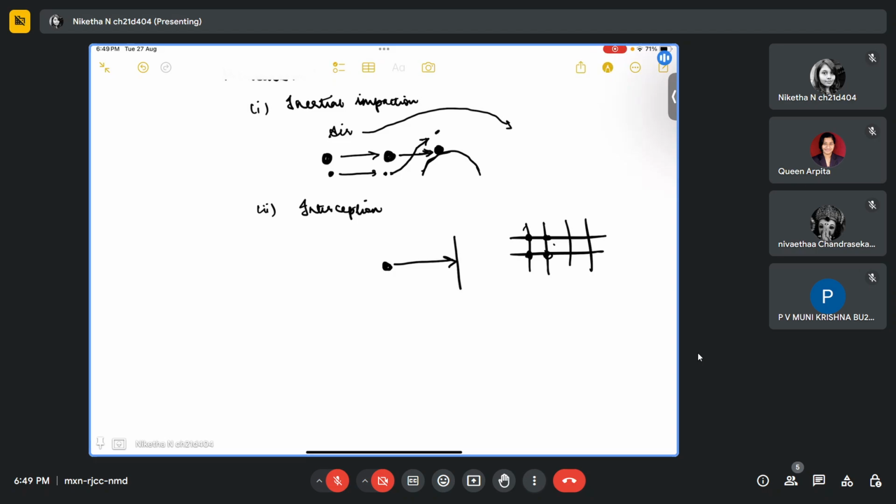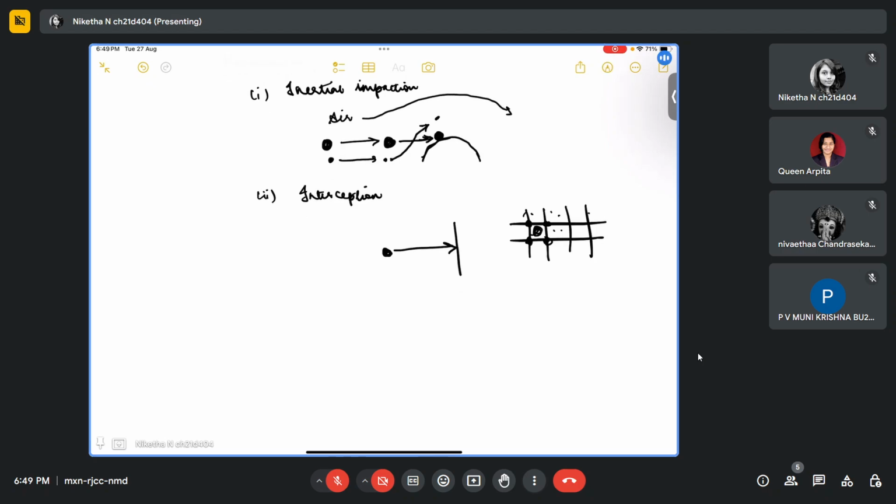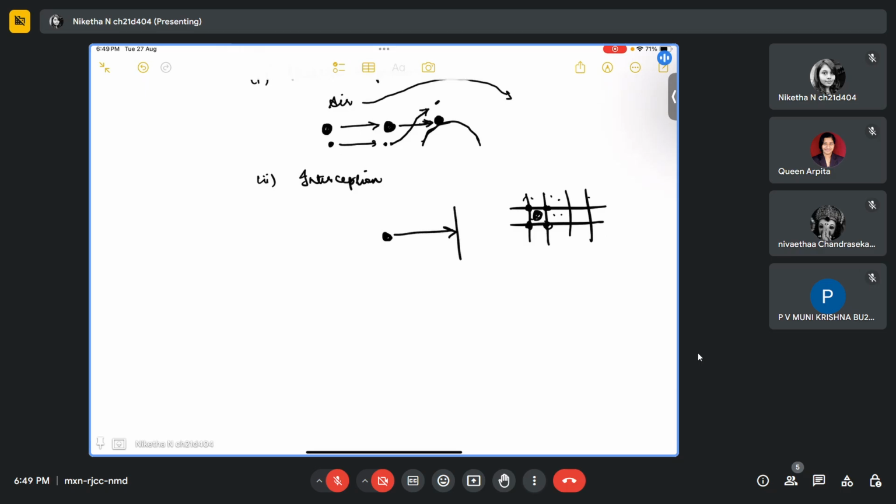So most of the particles will just tend to travel to the pores, and it will just go through. So the chances of a particle hitting the fabric of the filter is low. So that is why the effect of interception is less when compared to inertial impaction and diffusion.